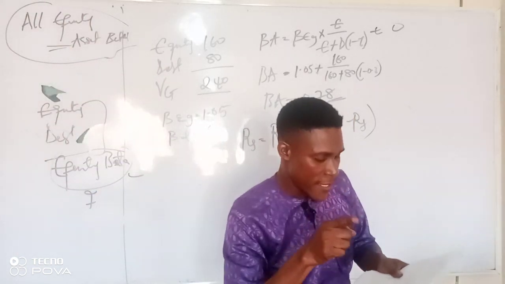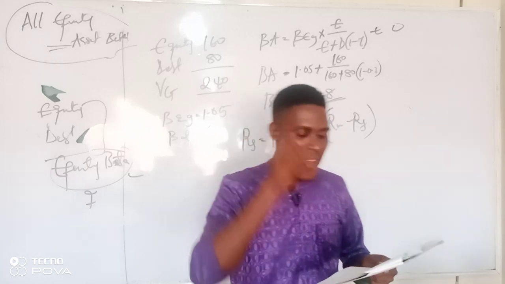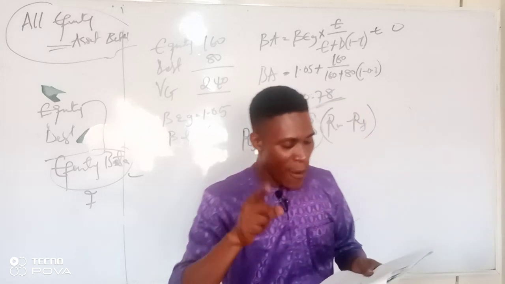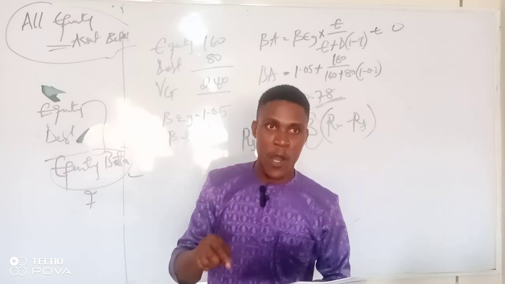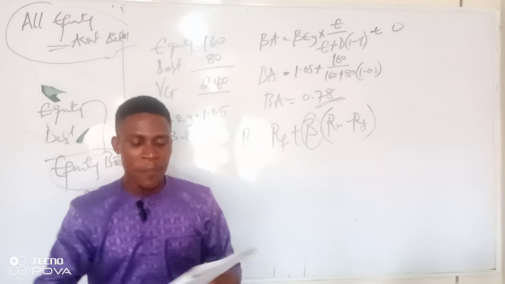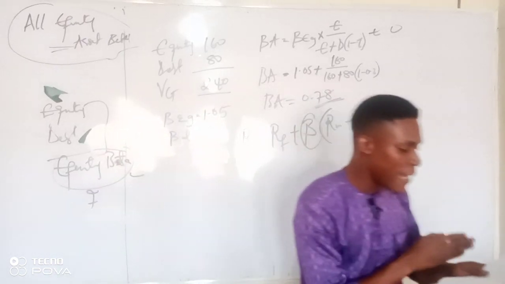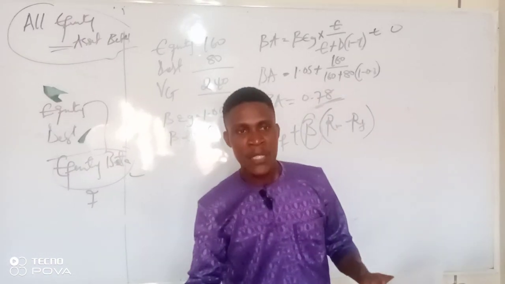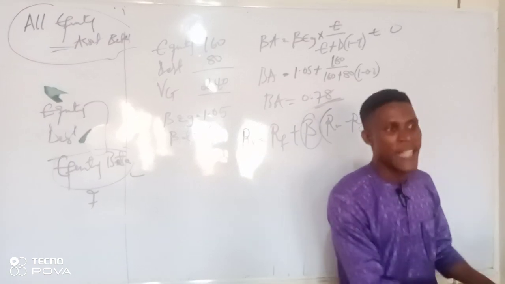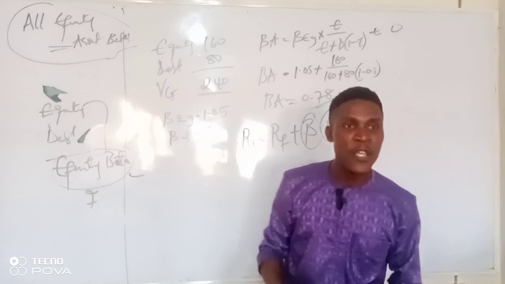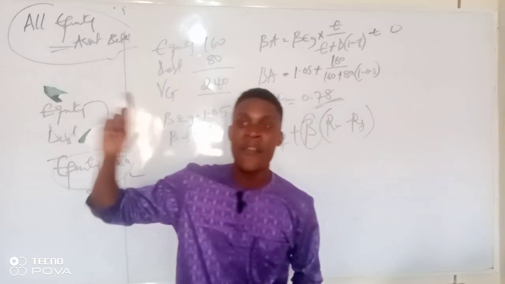A specific discount rate should be used for DCF appraisal where either one, the business risk of the new project is different from the business risk of the company's other business operations. That is, once the business risk of the project is different from the business risk of the operations of that company, you must look for a specific discount rate.